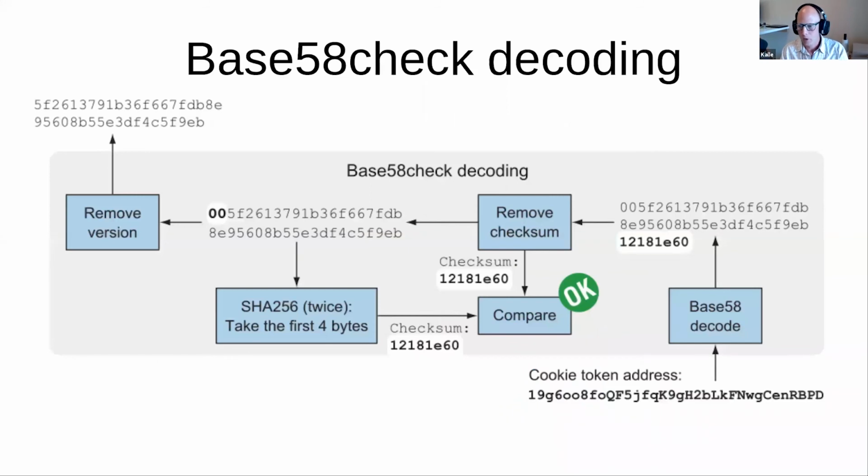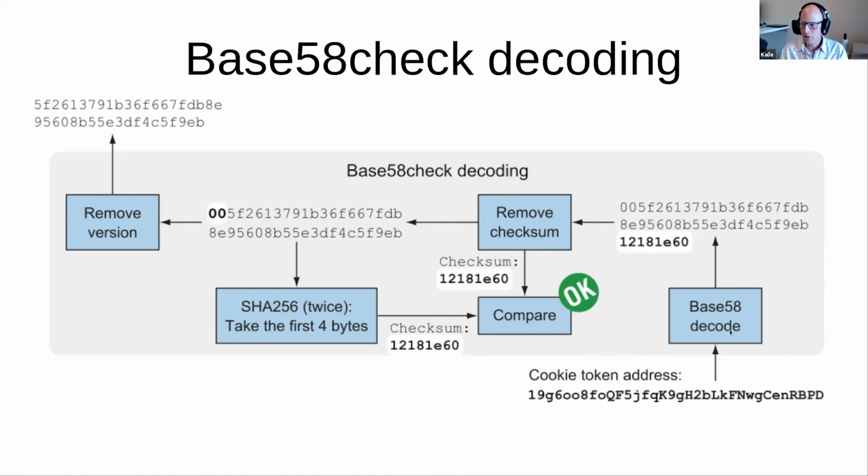And we'll see how FISA would decode this again. She basically runs base 58 check encoding backwards. So first of all, she base 58 decodes the address. You can think of that again as base 64 decoding, where you can move back and forth between base 64 and binary as you please.